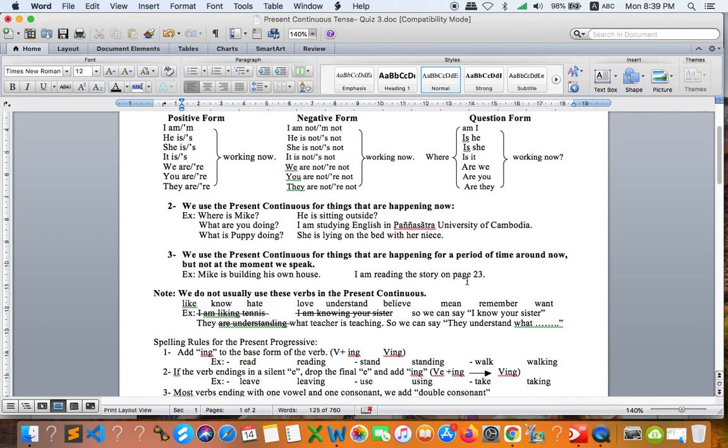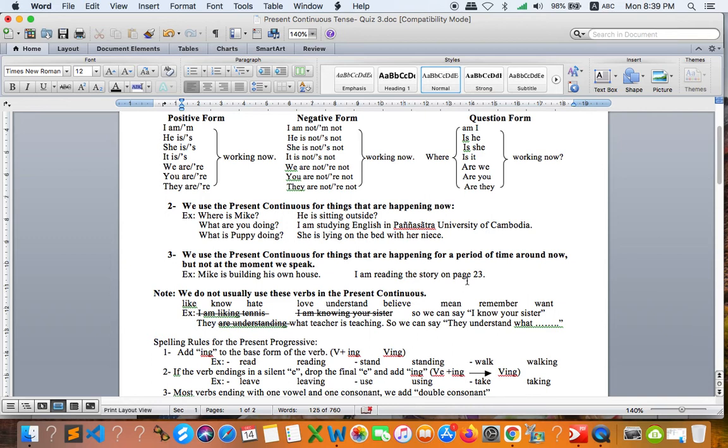For example, we can say, I am doing an assignment. At that moment, I'm not doing the assignment, but I have one week or one month to finish it. So this is about general activity.